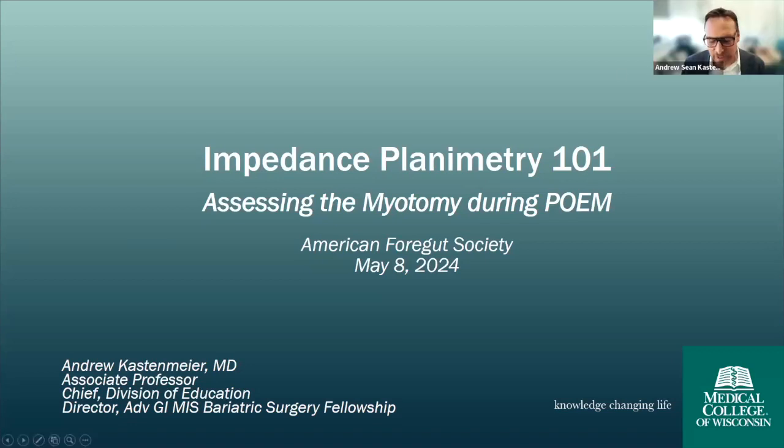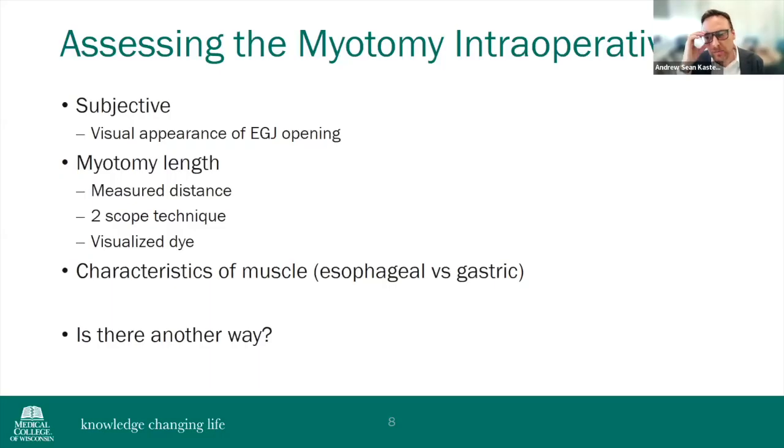Great, thanks, Mike. Appreciate being here. Thanks for the intro. So our task today is to talk about assessing the myotomy during POEM. And in the past, when we're doing Hellers and when we just started doing POEMs, we only had a few ways of doing that, and most of them had some inadequacies.